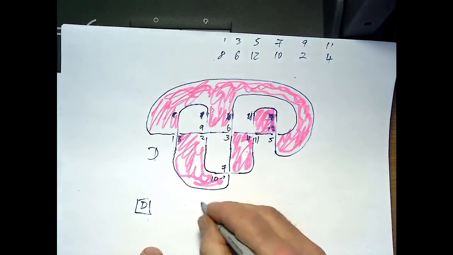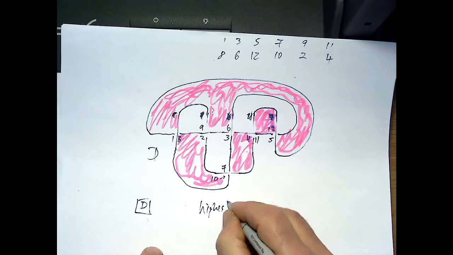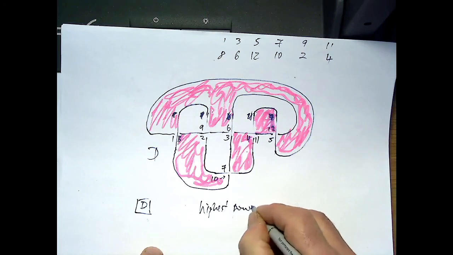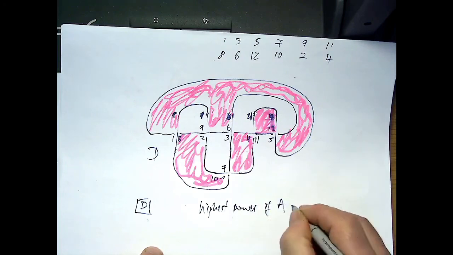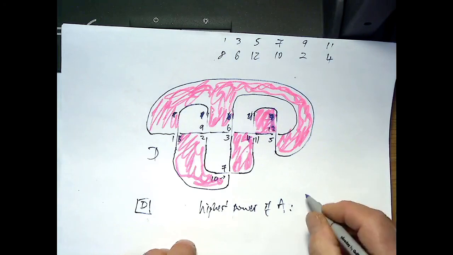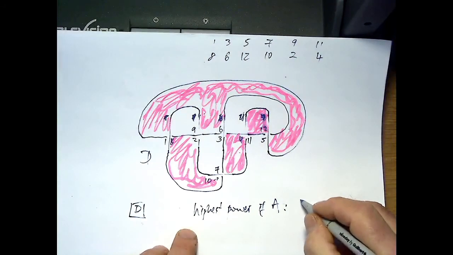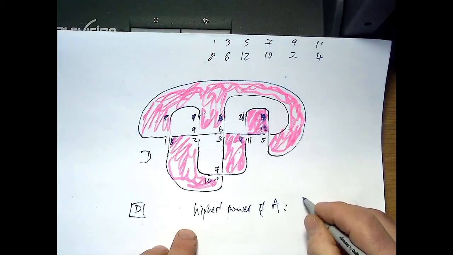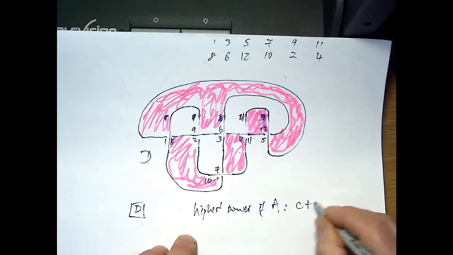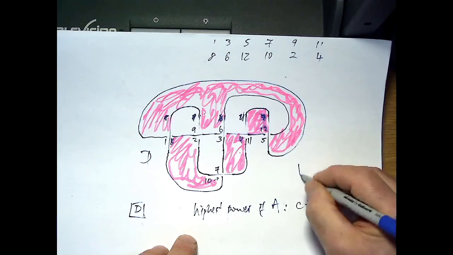And the highest power of A you get like this. There's a formula. If you look in last week's work, I explained this in the last video, there's a formula which is the number of crossings plus twice the number of white regions. So how many white regions are there?